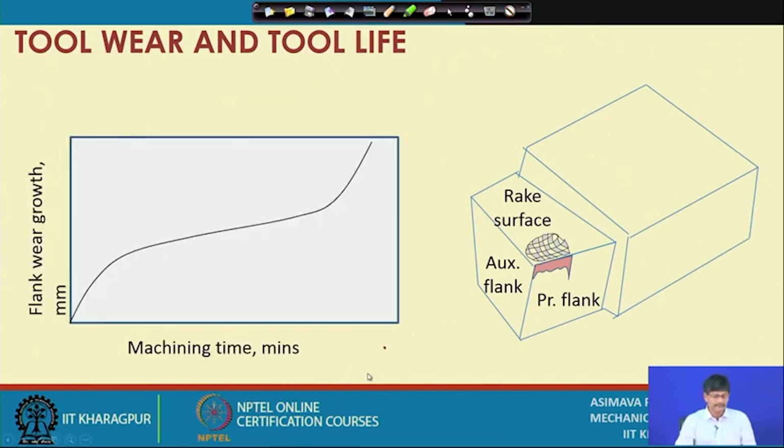Yes, generally we are more interested in this flank wear growth. Flank wear growth has a limit after which we generally do not use these turning tools. I mean for that matter all tools, keeping our discussion restricted for the time being to turning tools now.